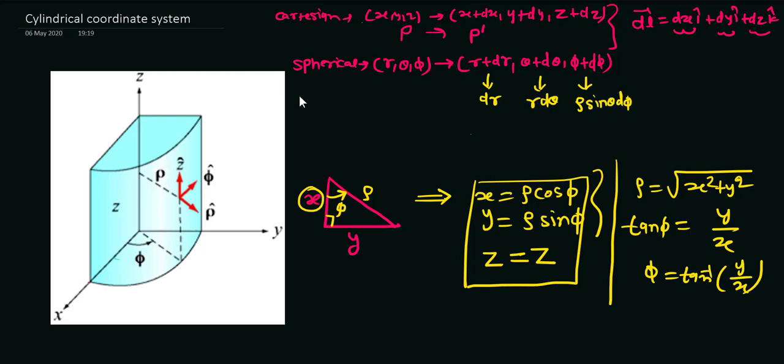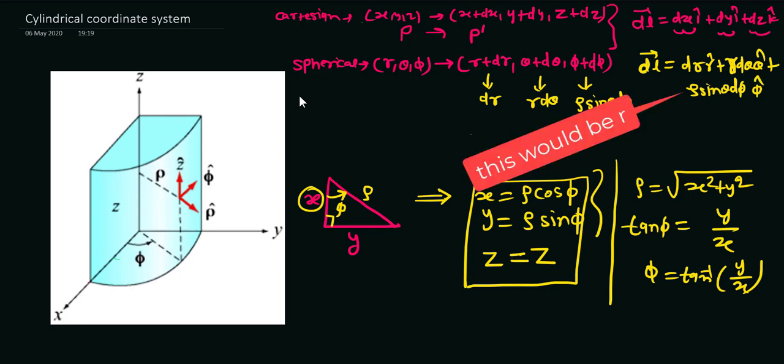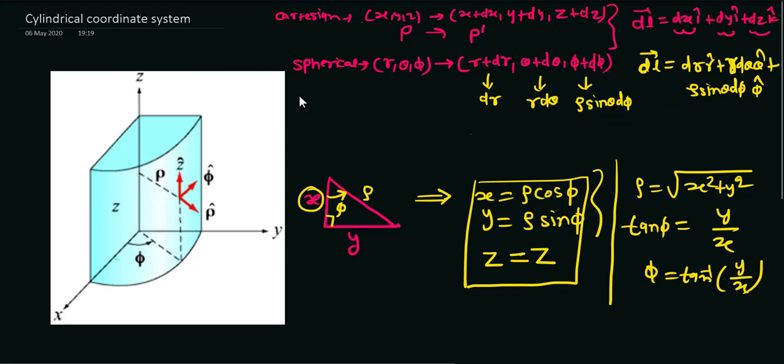So the displacement vector dl vector was given by dr r cap plus r d theta theta cap plus r sin theta d phi phi cap. So it was the displacement vector in the case of the spherical coordinate system. Now similarly, let me go below so that I can write.